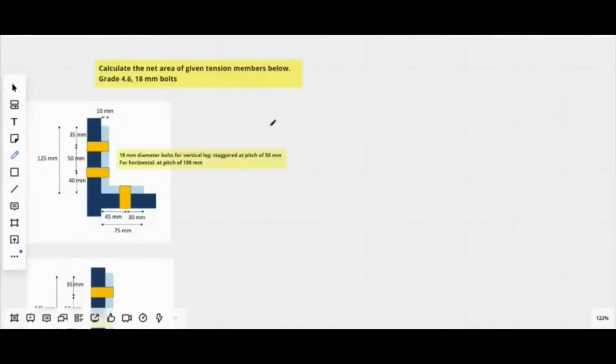Let us come to another simple type of question where we are going to calculate the net area of a tension member of a rolled section, which is an angle. In this problem, the size of the angle is an Indian Standard unequal angle, with leg lengths 125 by 75 by 10. Here again, to calculate the net area, what is the basic technique we are going to use?